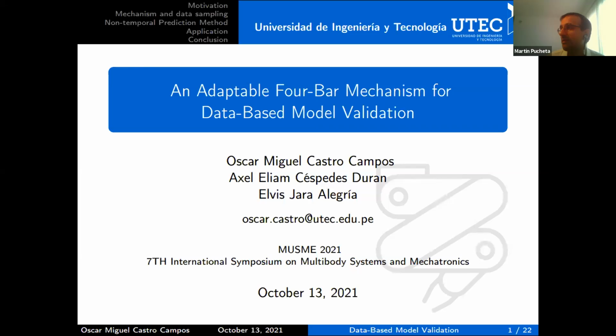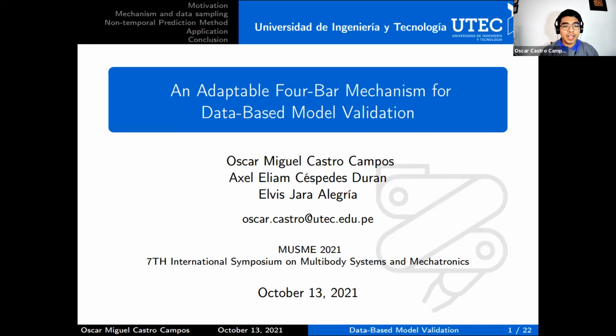Hello, Martin. Yes, I'm here. Hello. Please share your window while I'm introducing you. The paper is An Adaptable Four-Bar Mechanism for Data-Based Model Validation from UTEC, Peru. Please go on.